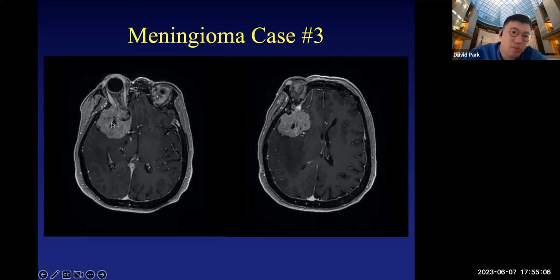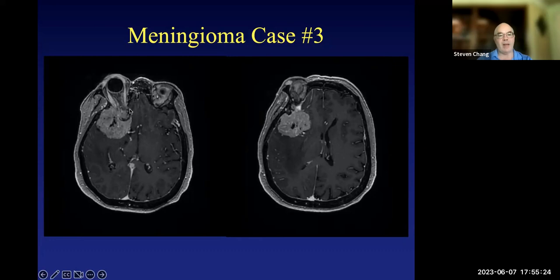There's a bit more irregular surface and a large space-occupying dural-based mass on the right sphenoid wing, maybe giving some pressure to the right eye, the orbit as well. Okay.